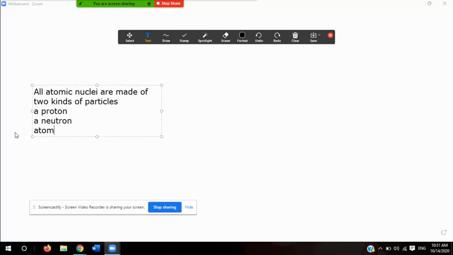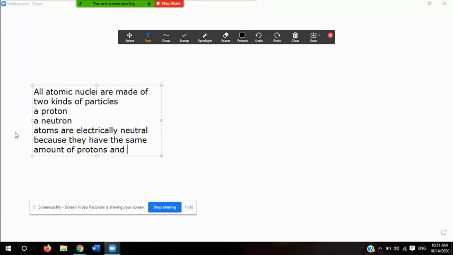Atoms are electrically neutral because they have the same amount of protons and electrons. So, what do we know about protons, electrons, and neutrons?